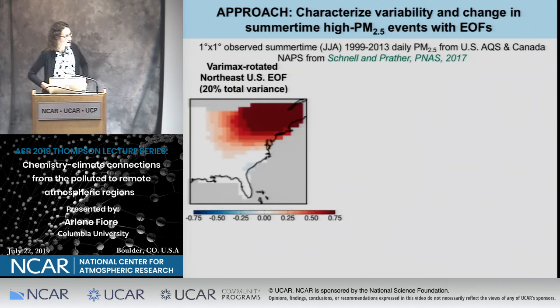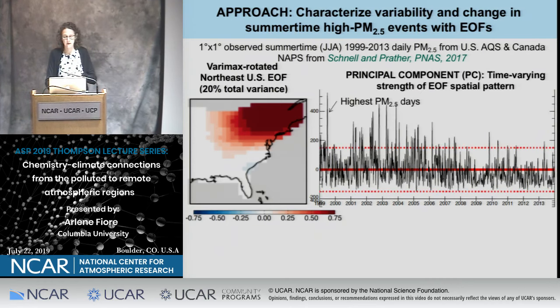Okay, so when we run this analysis, this is an example of what we get out. This is our first EOF, or one of our EOF patterns, that isolates the northeastern US as a region that varies coherently in terms of PM 2.5 levels. Again, this is from the observations. And this is the accompanying time series from 1999 to, I think this goes out to the end of 2013.